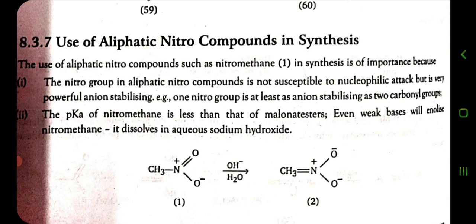The use of aliphatic nitro compounds such as nitromethane in synthesis is of importance because, firstly, the nitro group in aliphatic nitro compounds is not susceptible to nucleophilic attack, but it is very powerfully anion stabilizing, that is, one nitro group is at least as anion stabilizing as two carbonyl groups.